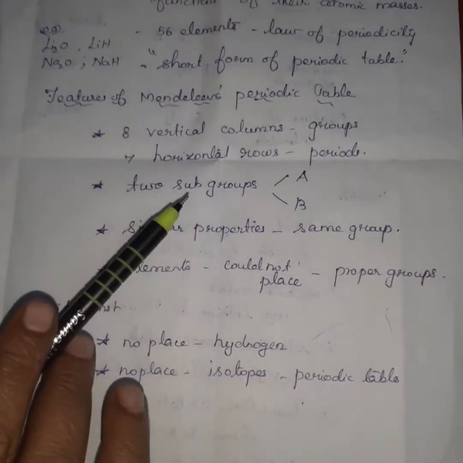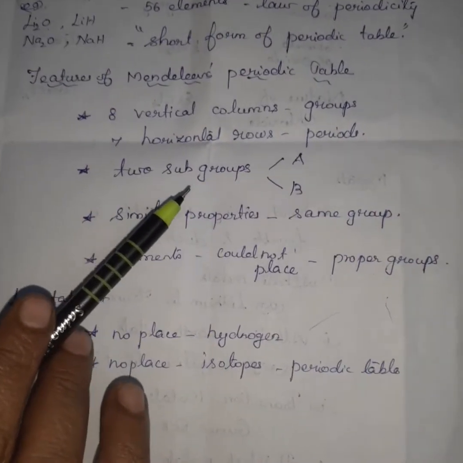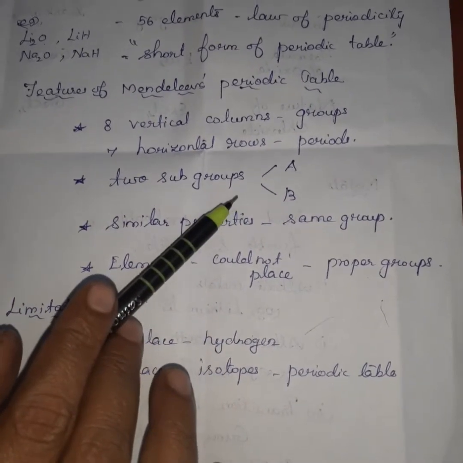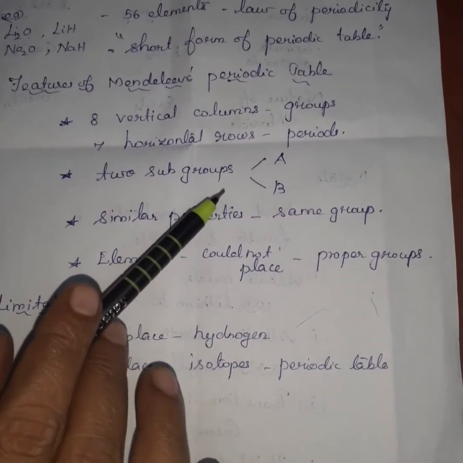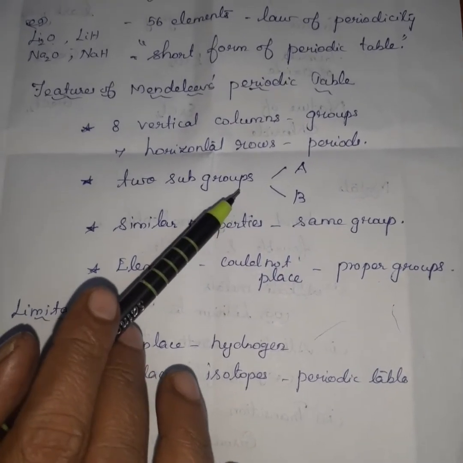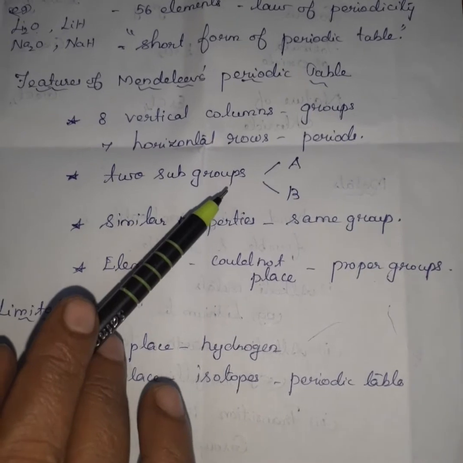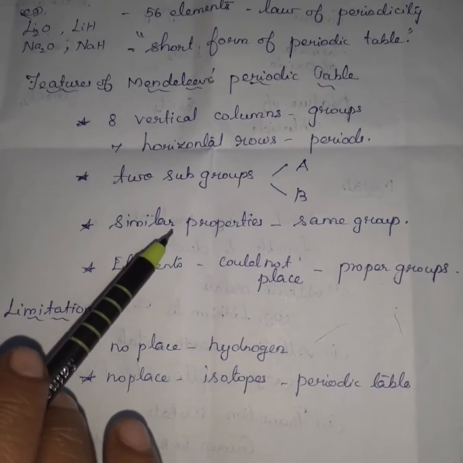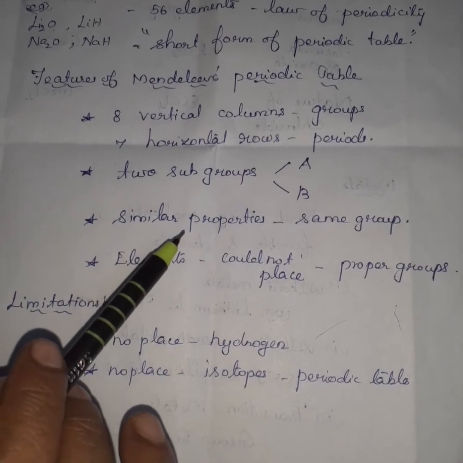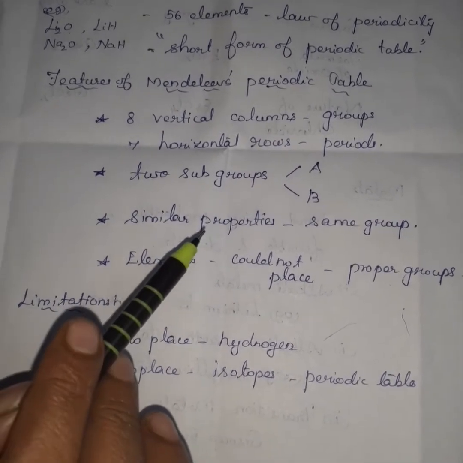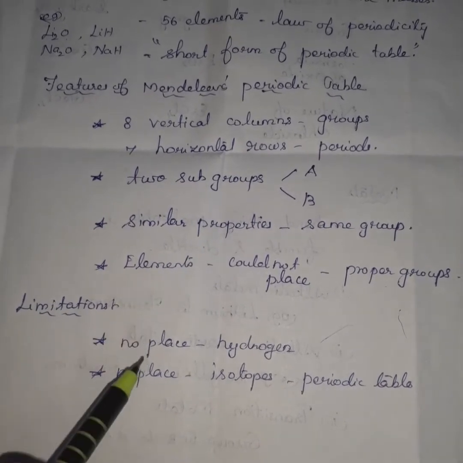Each group has 2 subgroups, and elements with similar properties are arranged in the same group. Some elements were not arranged properly due to wrongly determined atomic masses.